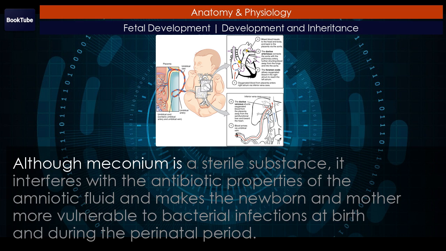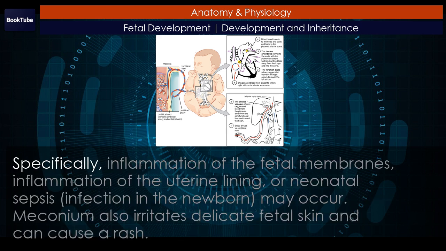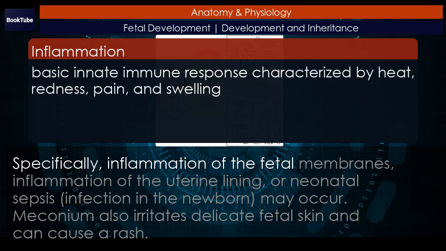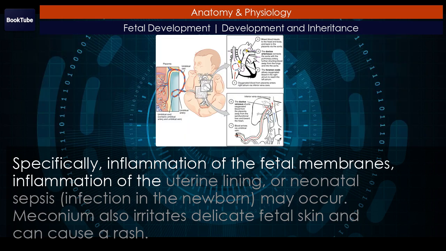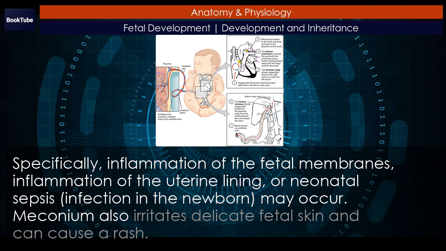Although meconium is a sterile substance, it interferes with the antibiotic properties of the amniotic fluid and makes the newborn and mother more vulnerable to bacterial infections at birth and during the perinatal period. Specifically, inflammation of the fetal membranes, inflammation of the uterine lining, or neonatal sepsis, infection in the newborn, may occur. Meconium also irritates delicate fetal skin and can cause a rash.